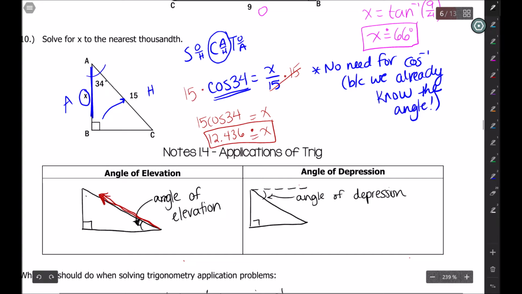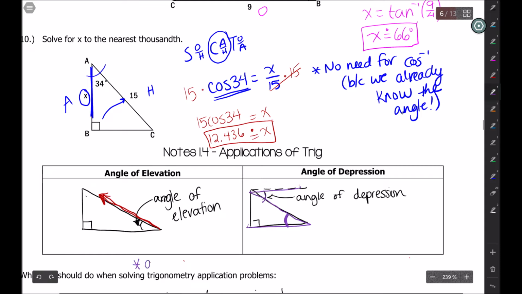Okay? But one thing I want you guys to be aware of is using the Z pattern. If you remember the Z pattern, this angle is equal to this angle down here, which happens to be the angle of elevation.